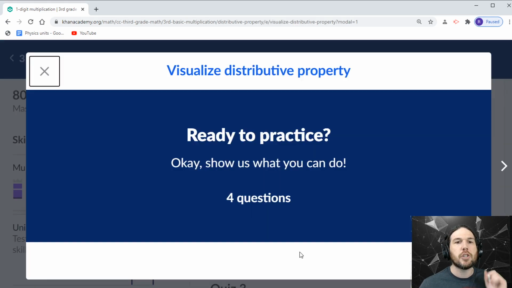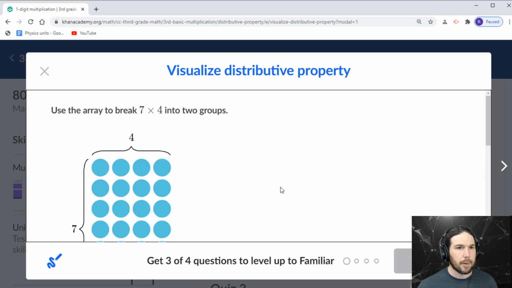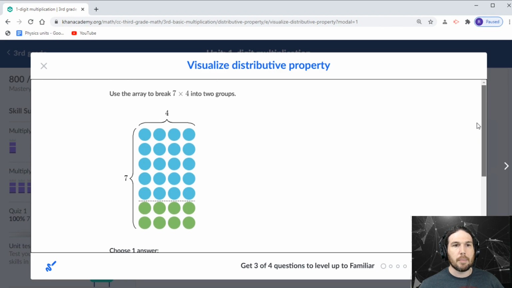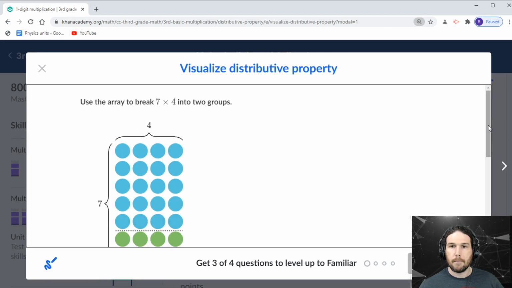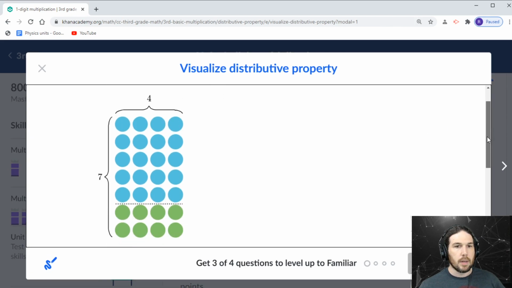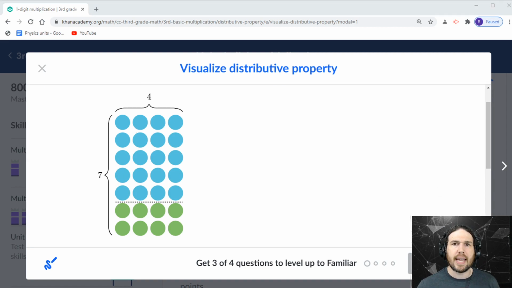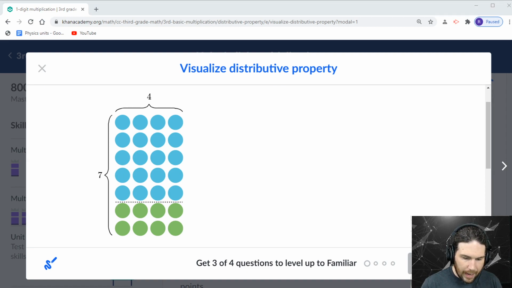We're going to talk about visualizing the distributive property. So we've got 7 times 4 here, but if you look at it, it's also the same thing as, well, this looks like 5 times 4, yeah?